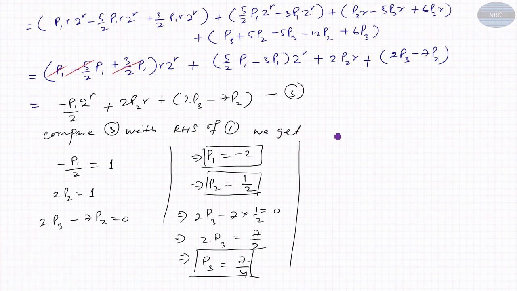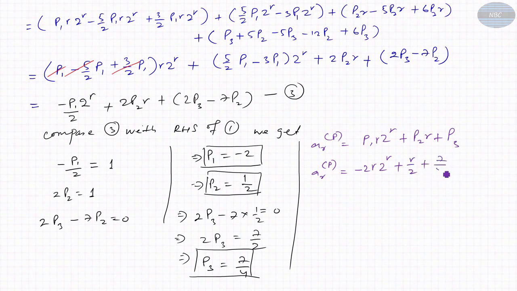So hence the particular solution is of the form a_r^(p) is equal to p1 r 2 to the power r plus p2 r plus p3. So it can be written as, we have got p1 is minus 2, so this is minus 2 r 2 to the power r, plus p2 is half, so this is r by 2, plus p3 is 7 by 4.